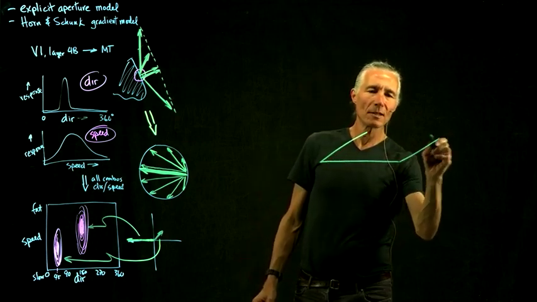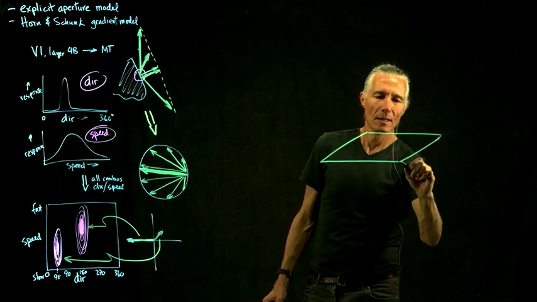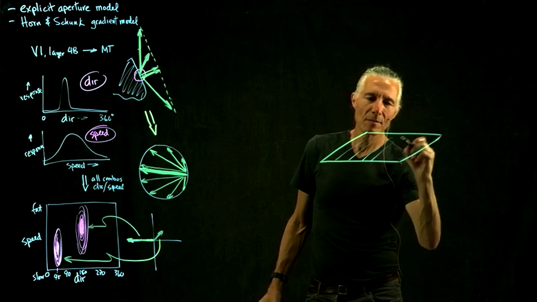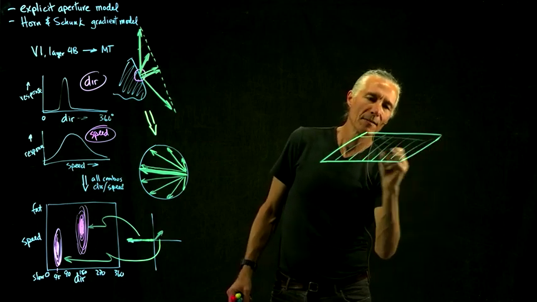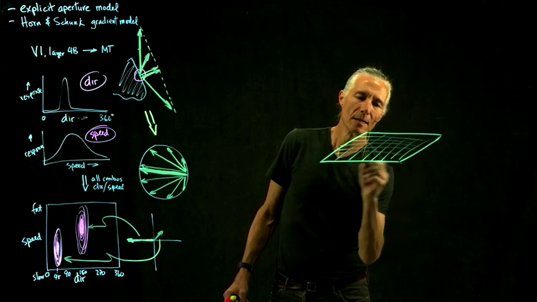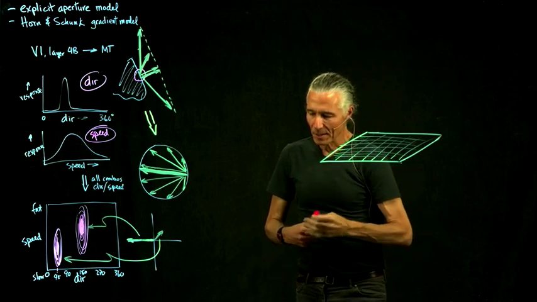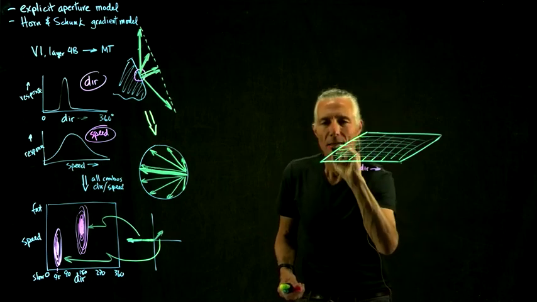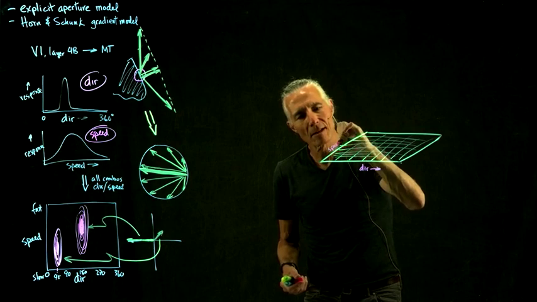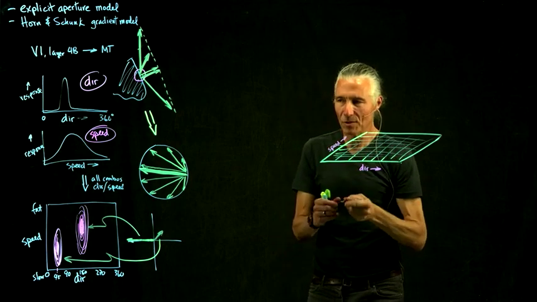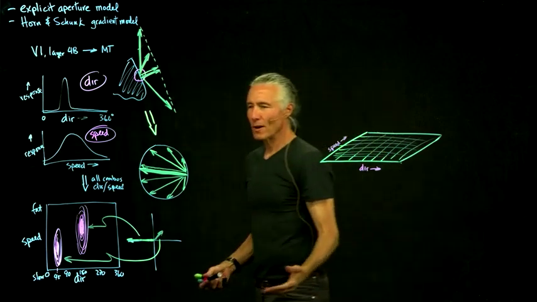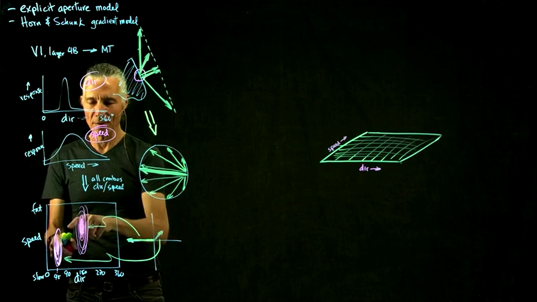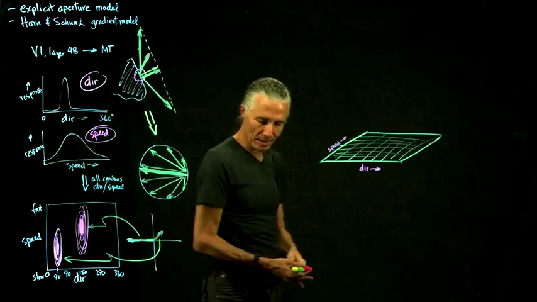This is a little chunk of space in layer 4B, and we're going to have neurons in here that respond to all different combinations of directions and speeds. This is direction going in this way and speed going in this way. Each one of those little squares is one neuron, so it's all the different neurons here that respond to all the different combinations of directions and speeds.